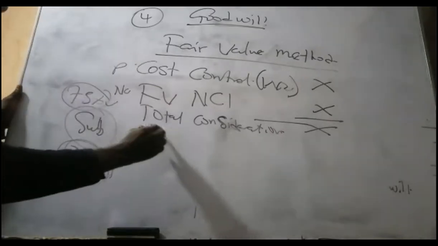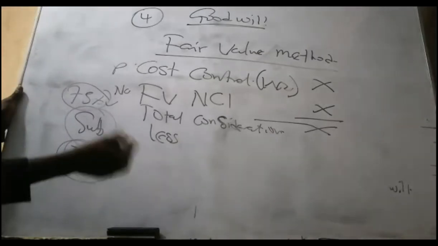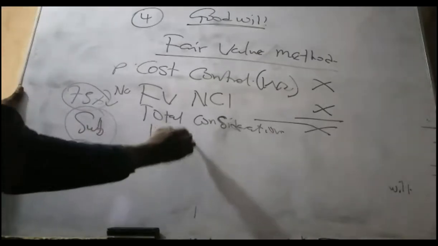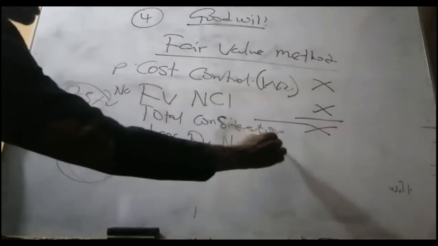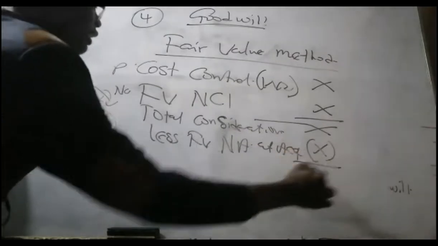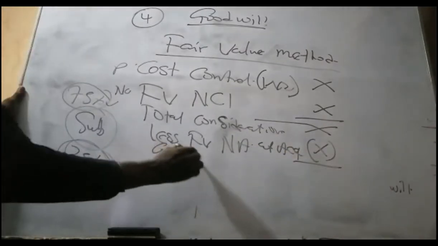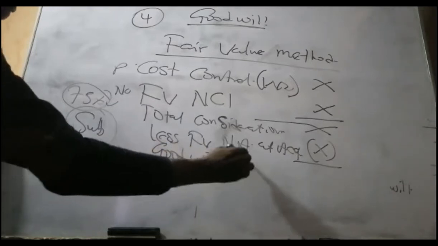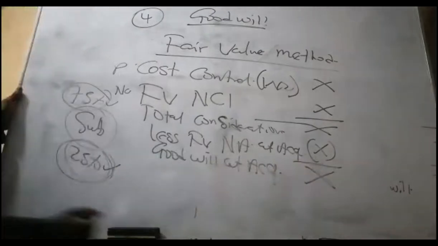Now you list the fair value of the net assets. So less fair value of net assets at acquisition, the entire net asset. This is what we call goodwill at acquisition. That's all.